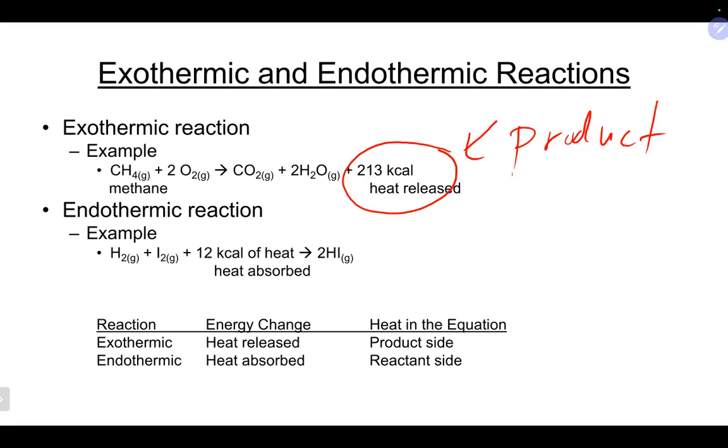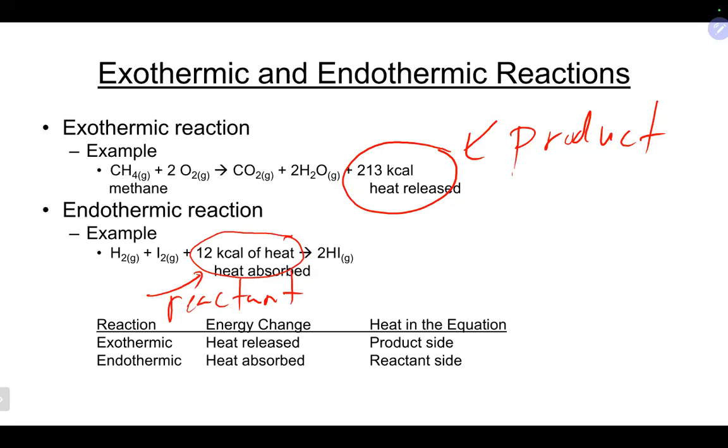And that is opposite here to an endothermic reaction, where if we take some hydrogen, some iodine, add some energy, we get some hydrogen iodide there. And once again, we think of any type of process that's endothermic as the energy being a reactant, which is on the left-hand side of the arrow.